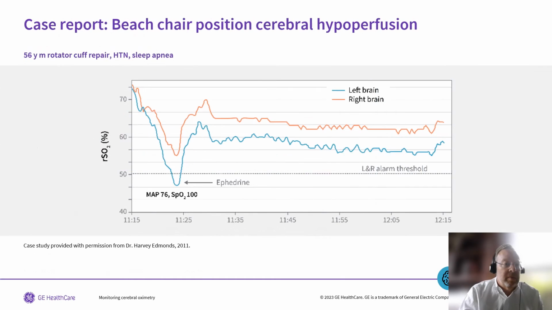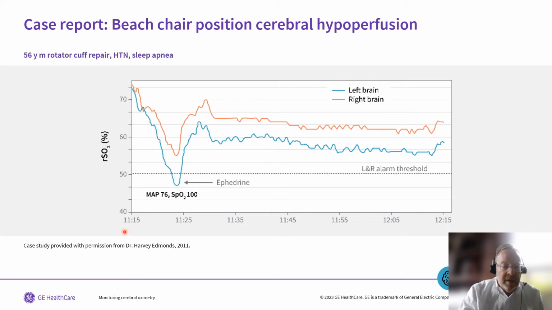Here's an individual case that shows you what cerebral desaturation actually looks like in a particular patient. This is an example of a 56-year-old male with hypertension, obstructive sleep apnea, who's undergoing a rotator cuff repair. This graph demonstrates the RSO2 value versus time, and it looks at both the left and the right cerebral oximetry sensors.